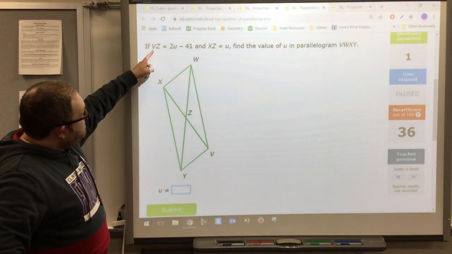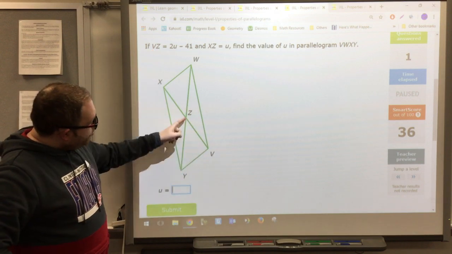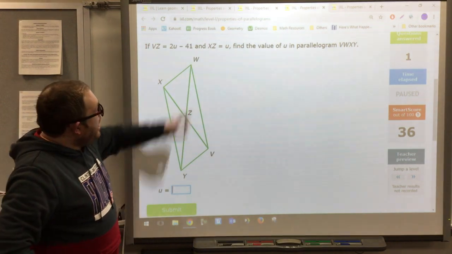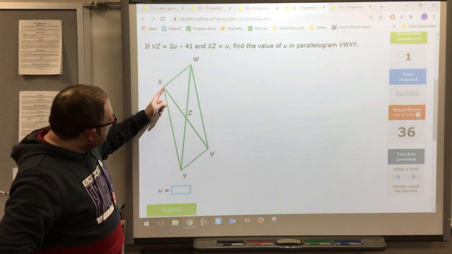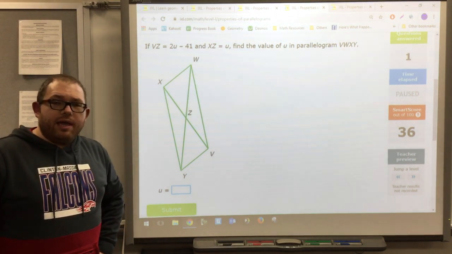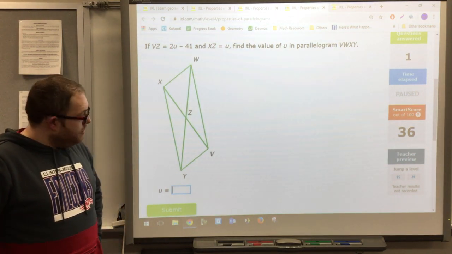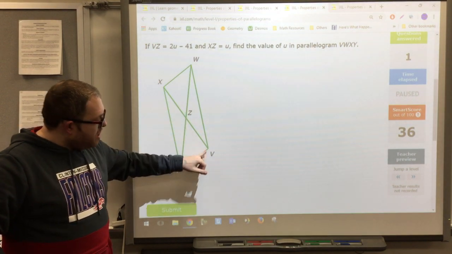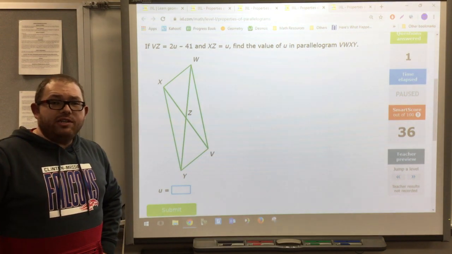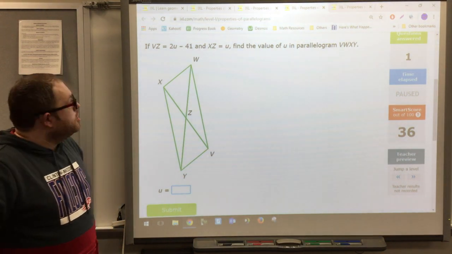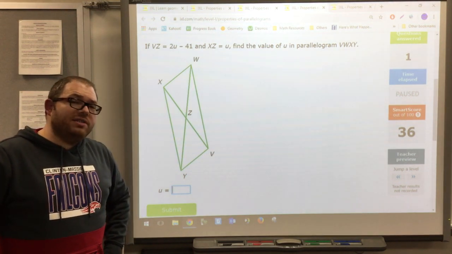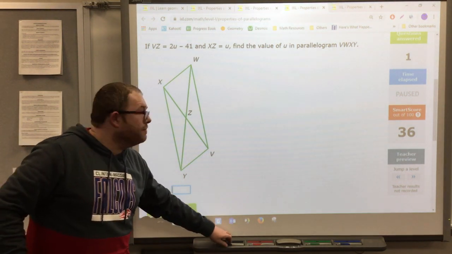So, if VZ, which is located right here, is 2u minus 41, and XZ, which is this segment right here, simply equals u, they would like me to solve for u. Well, this piece and this piece are 2 halves of a diagonal. That means they too are equal. So I'll simply solve this problem by setting the two expressions once again equal to each other.